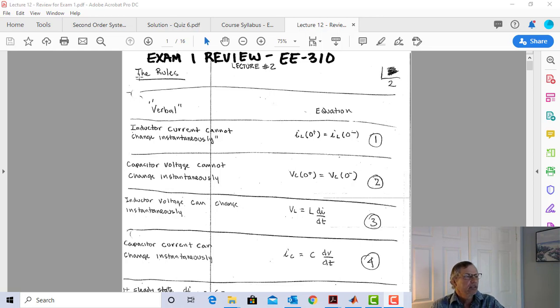So let's start off with the rules. What the rules are: these are things that are always true about inductors and capacitors, and they relate to initial and final conditions, the kind of stuff that you do in Chapter 8. And what I tell my students is that for everything that you do with these circuits, for initial and final conditions, for RLC circuits, every rule has to be satisfied.